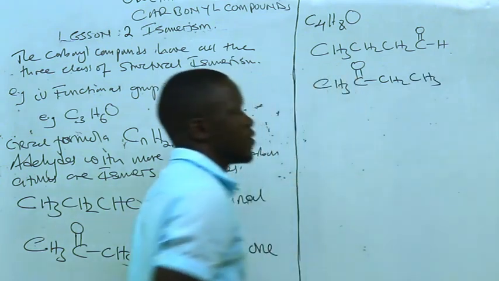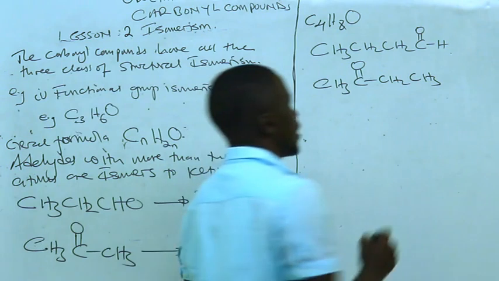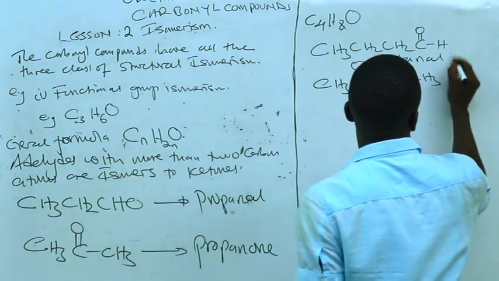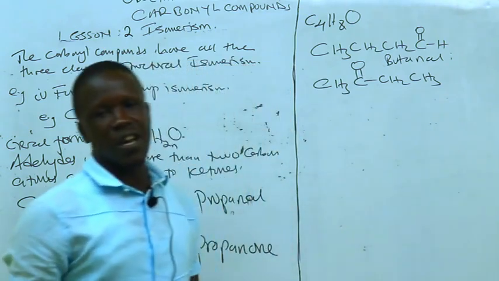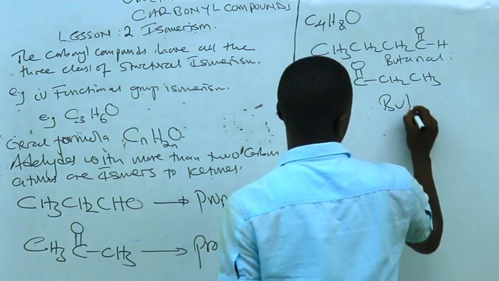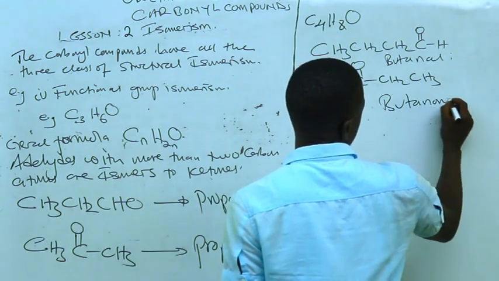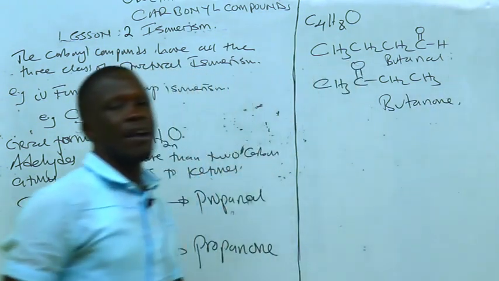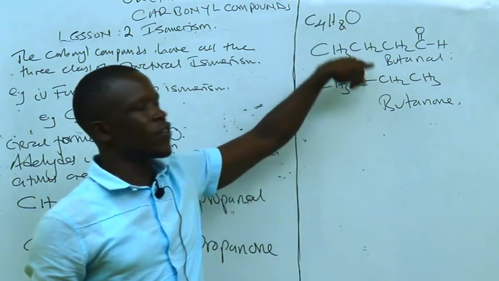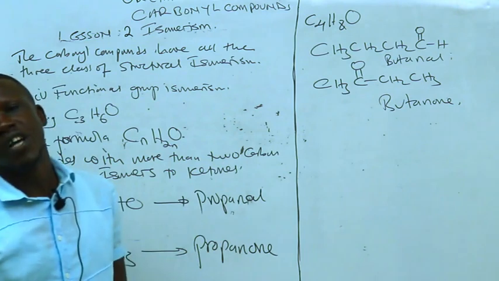So the first one is a butanal. Why we are calling butanal, it is an aldehyde. But then this one is butanone, which is a ketone. So isomers of this nature are functional group isomers.